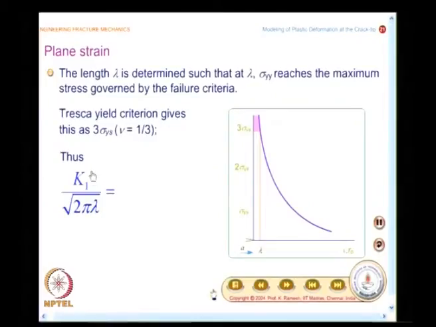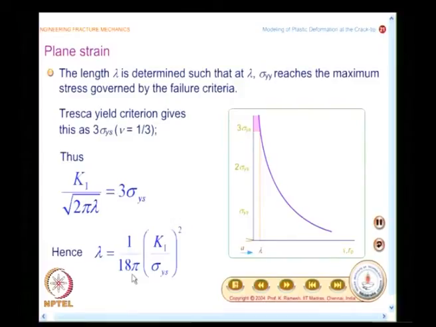With blunting, what is it that we have to modify? If you use this as 3 sigma ys, considering that the crack tip is sharp, I get k1 divided by root of 2 pi lambda equal to 3 times sigma ys. Hence, lambda becomes 1 by 18 pi (k1 by sigma ys) whole square.